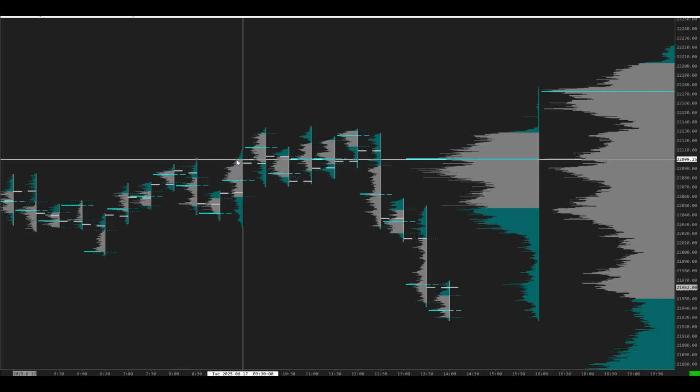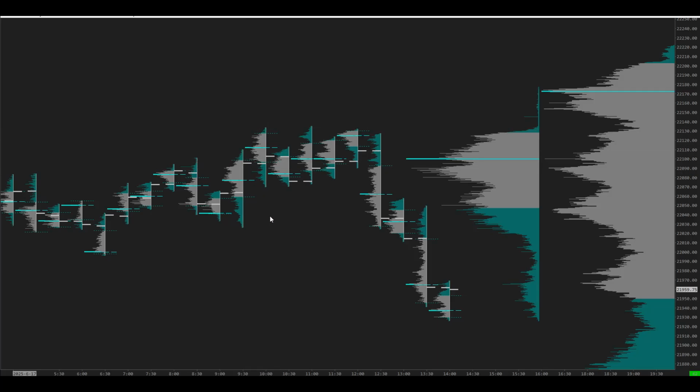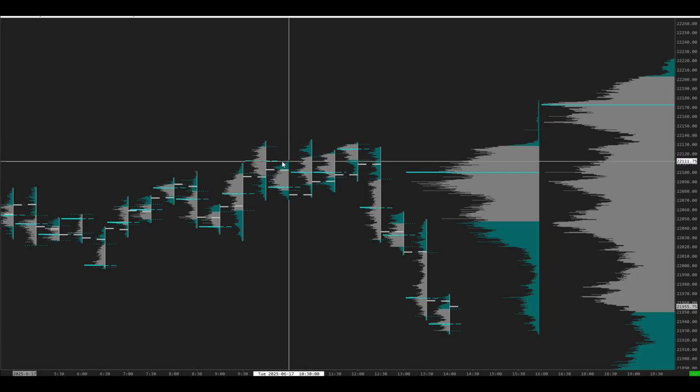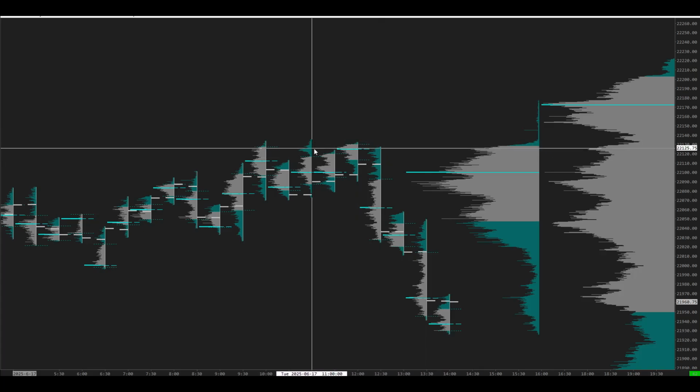Value is kind of shifting up a little bit higher in this, showing a little bit of intent to go higher, but doesn't necessarily mean it will. And then we get another one, but now we're starting to see balance. It was kind of like trapped in between VWAP and then value area high and then high of day. All of these key reference areas that we can pay attention to.